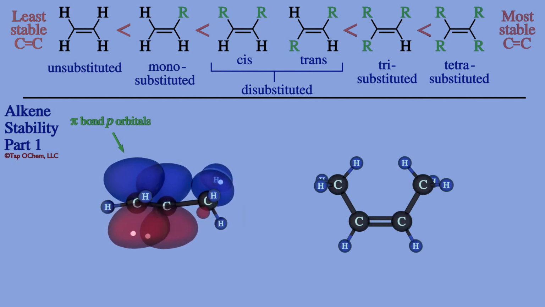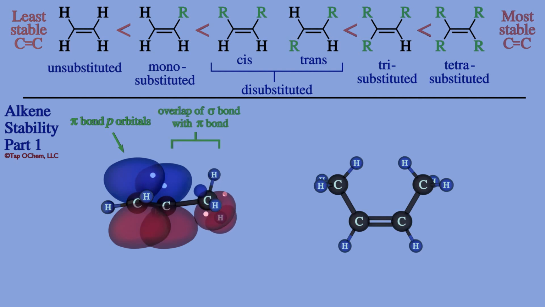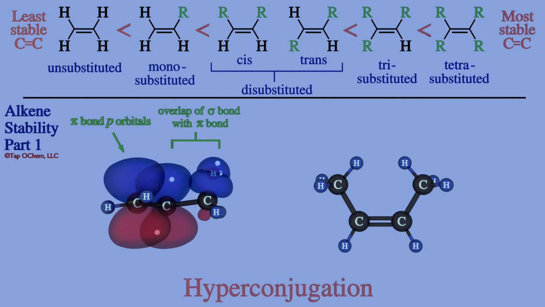This 2-electron bond is comprised of an overlapping sp3 hybrid orbital on carbon and an s orbital on hydrogen. This bond, with its electrons, in turn, overlaps with the adjacent p orbital of the alkene, resulting in an increase in delocalization of electrons. The sharing of electrons from an adjacent sigma bond into a p orbital is called hyperconjugation.